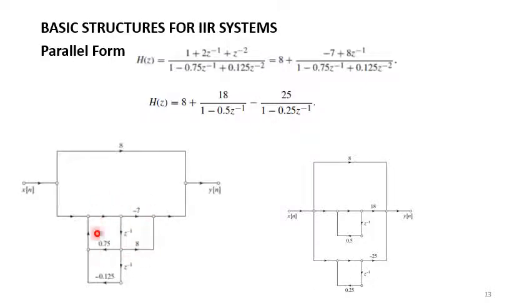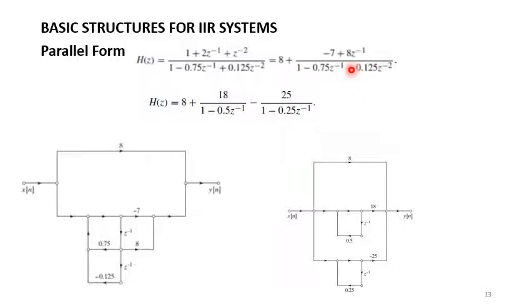So if we implement direct form 2, we have minus 7, okay, and first we implement the poles and then followed by the zeros. So these are the poles. We have a pole at minus 0.75, right? So the input delayed by 1 unit times 0.75, and again we have another one at 2 units delay.